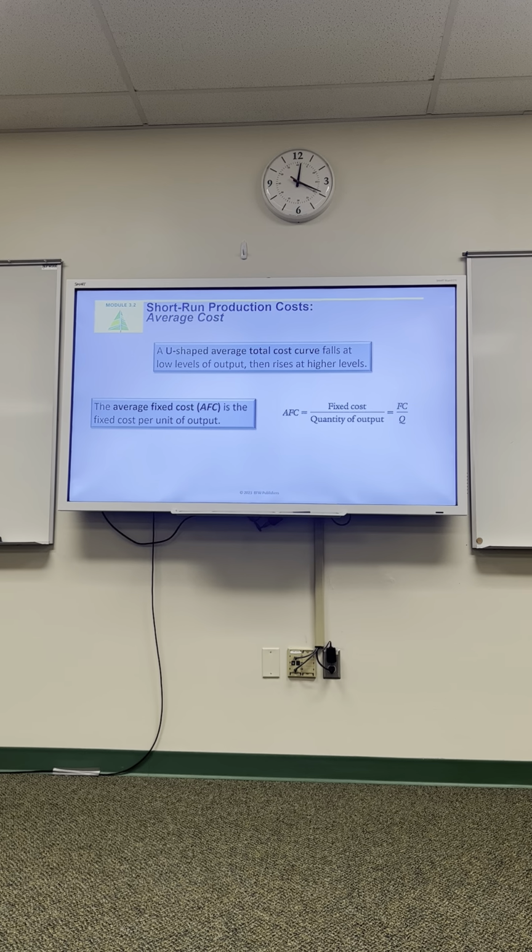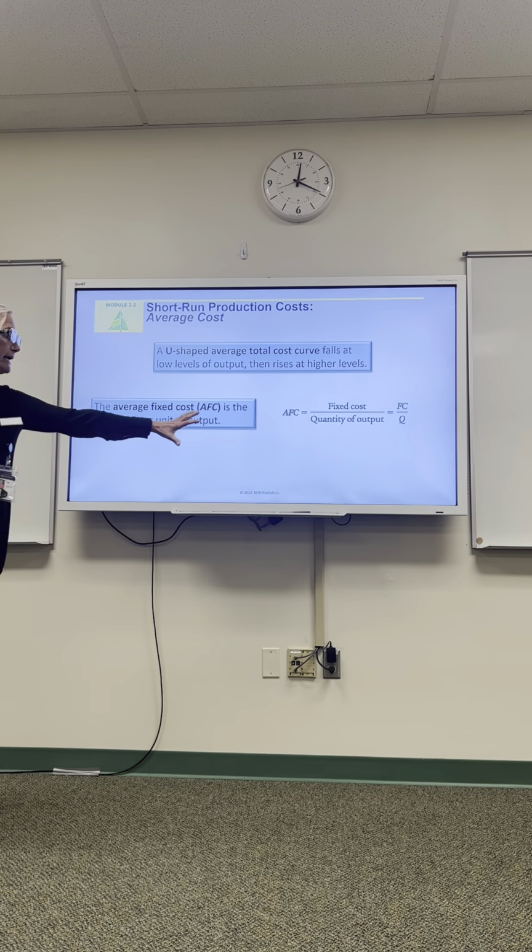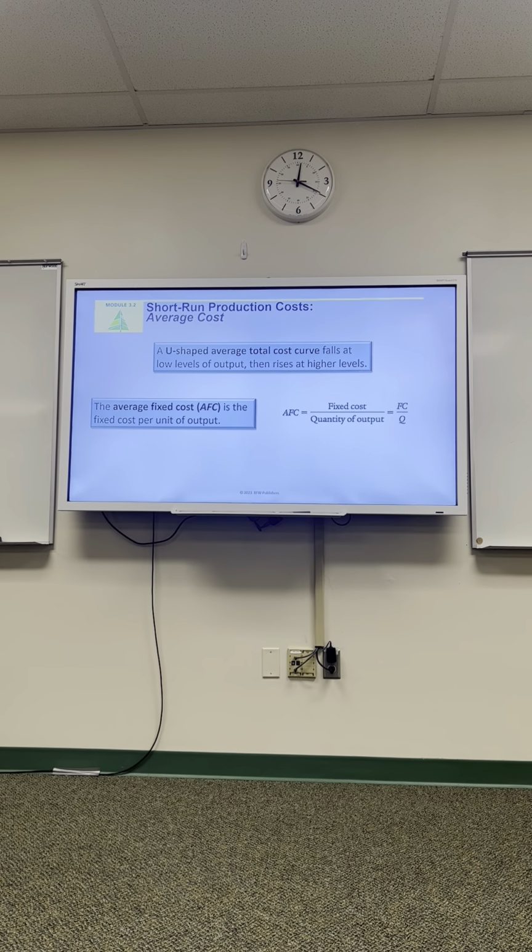But the really important reason that the average total cost curve looks like a bowl, like I said, is because of average fixed costs, okay? Fixed costs stay the same. This is another cost curve we're gonna be looking at, average fixed costs. They stay the same regardless of how much output you produce, right?